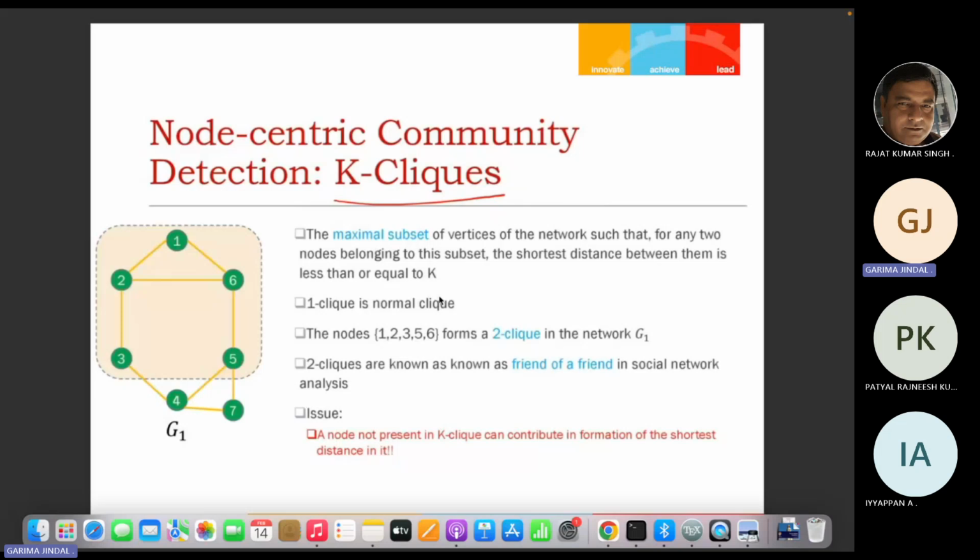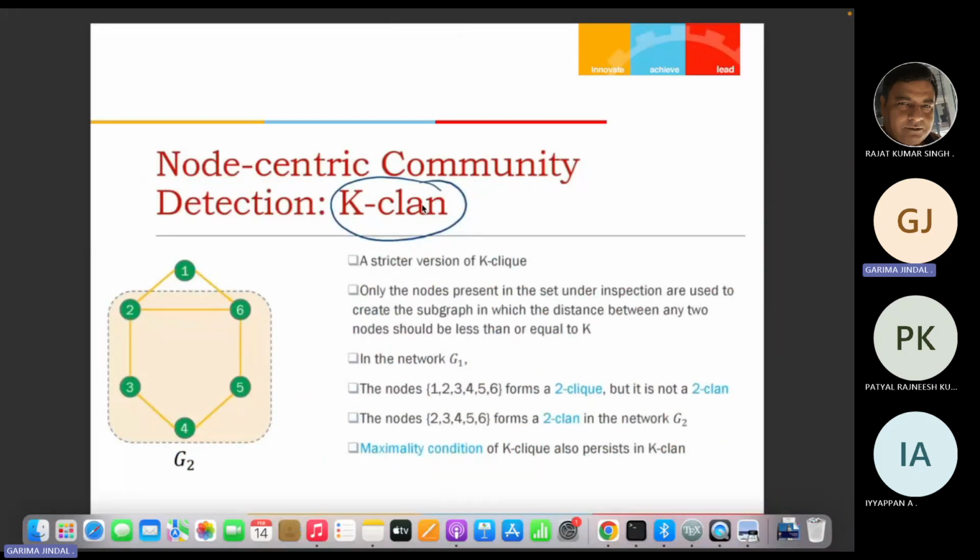And then for a k-clique, if I am trying to identify 2-cliques, then the maximum distance between any two nodes in that maximal subset should be at most 2. So this was the definition of k-cliques. Then we have the k-clan.